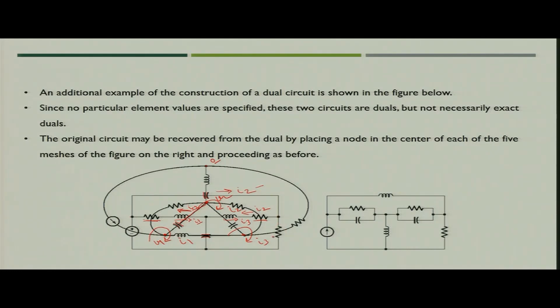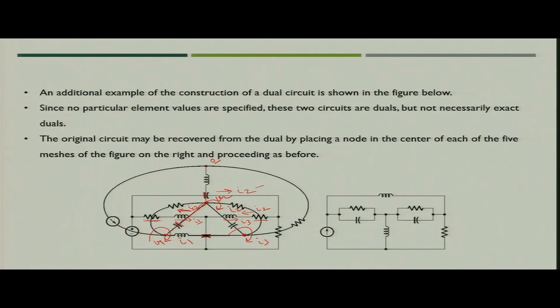Finally, we are left with this resistance, where only the mesh current I3 is flowing. So, the dual of this would be connected between node 3 and the reference node only. Now, we are left with the voltage source.